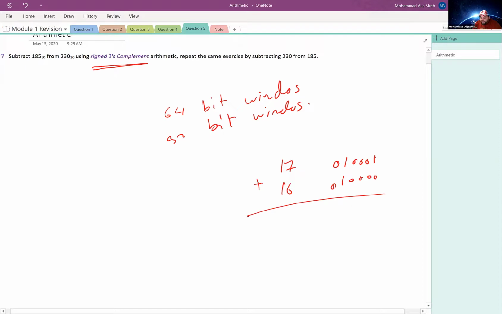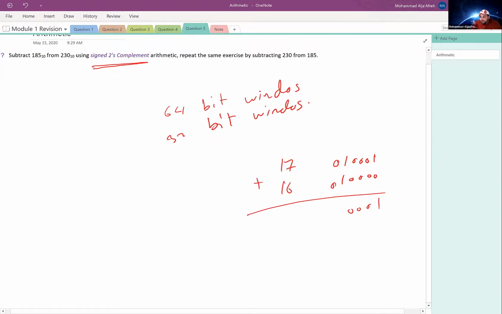Now, if I do the addition here, that is 1, 0, 0, 0, 0, and then 1 and 1, so this is 0, and I have a carry out equal to 1 here.